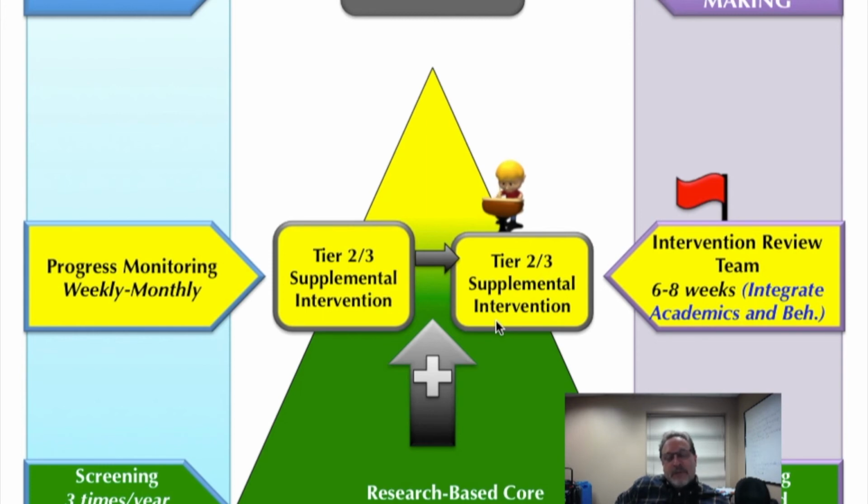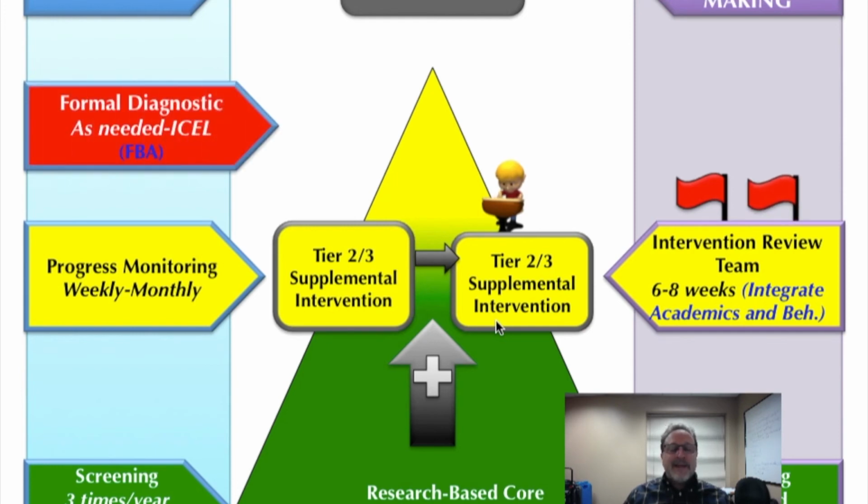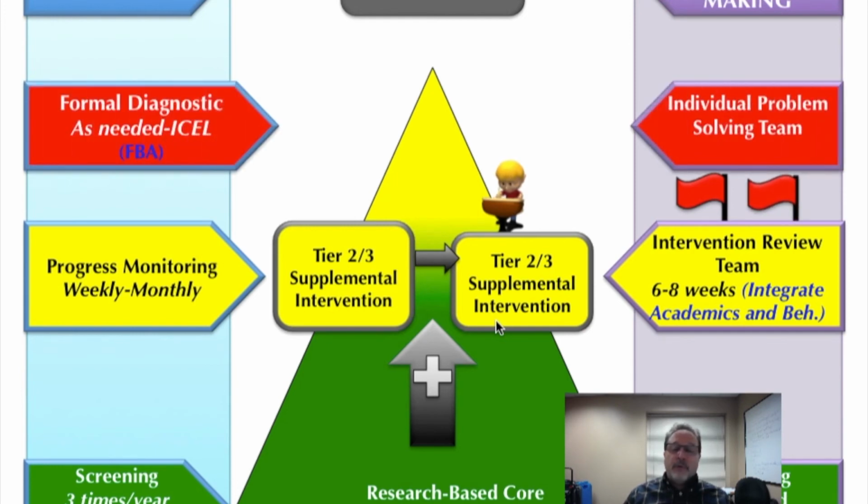It's often appropriate to have a second intervention to make sure you can address the problems at that tier 2 level with a group level intervention. But after that second period, the team will review information again and make a determination. If the student's still not making progress, that is when you move to a tier 3 intervention.